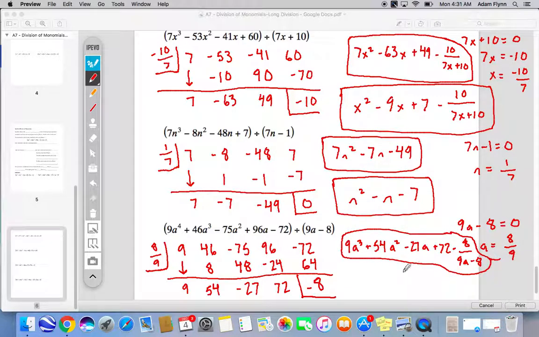So we have this, but we could reduce it to, because all of these coefficients are divisible by 9, a cubed plus 6a squared minus 3a plus 8 minus 8 over 9a minus 8.